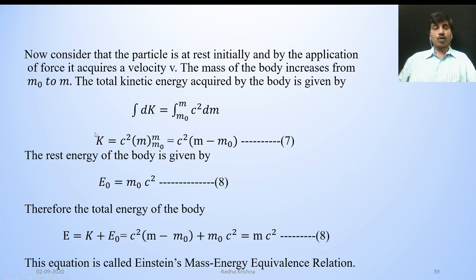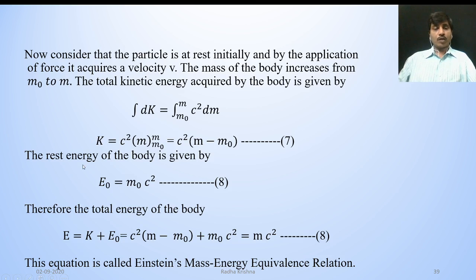This kinetic energy is called relativistic kinetic energy of the particle. If the velocity of the body is very small when compared with the velocity of light, then the relativistic kinetic energy becomes equal to ordinary kinetic energy.